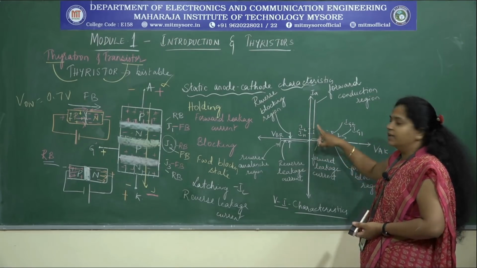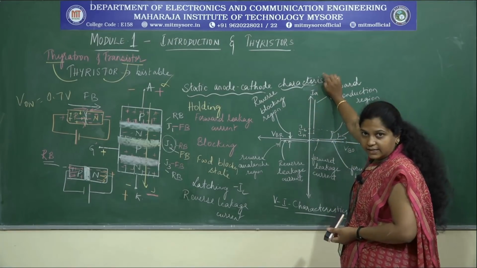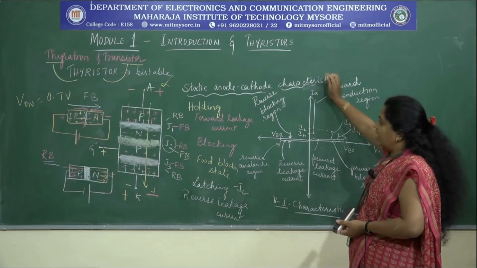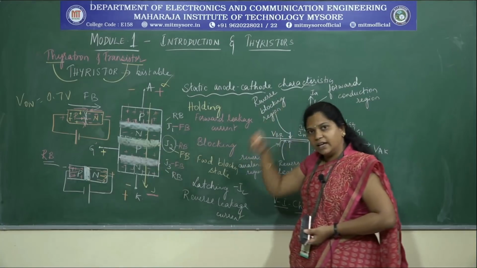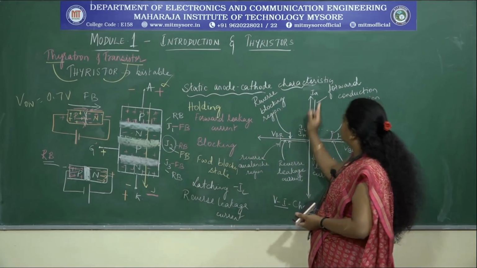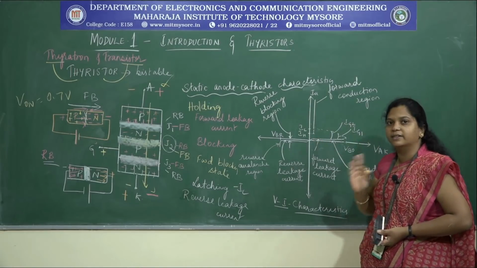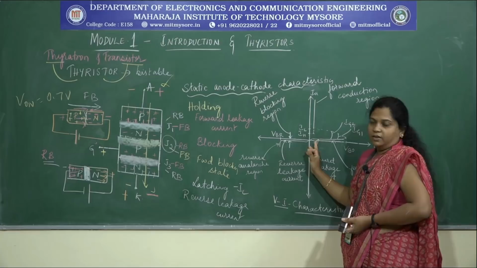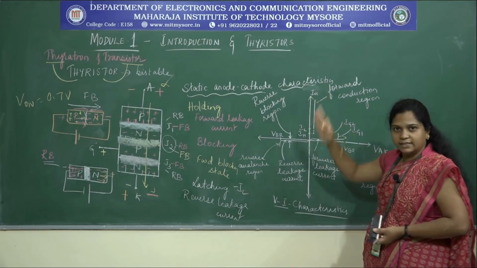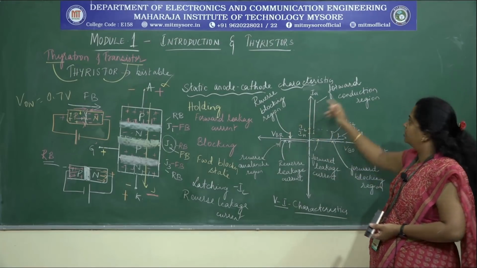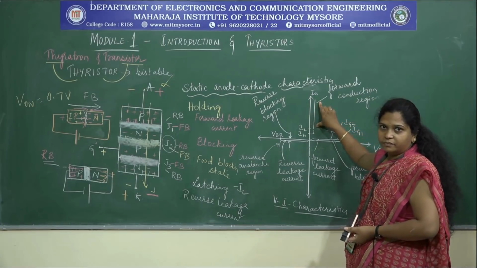When it is in the on state, there will be some voltage drop across the thyristor, but the current increases. As you keep on injecting electrons into this 4-layer device, the electrons start moving and the current keeps increasing. Look at the voltage, it is at the on state, so it is 0.7 only. So this part, when the thyristor is conducting in the forward direction, is known as the forward conduction region.